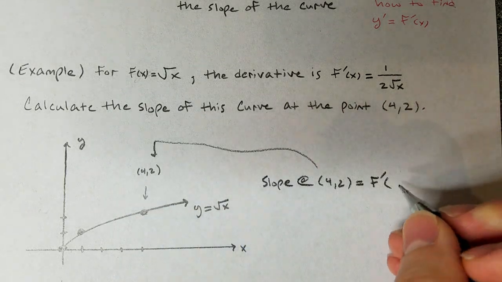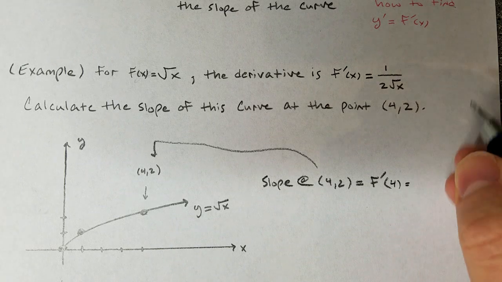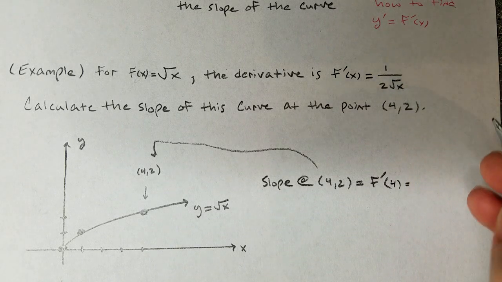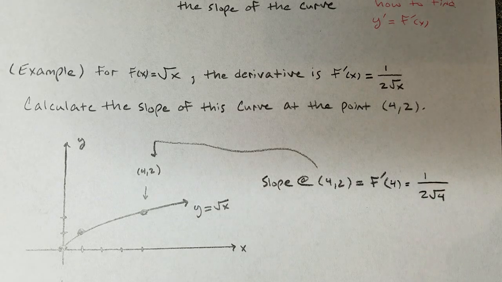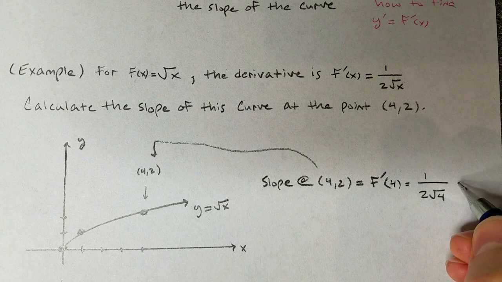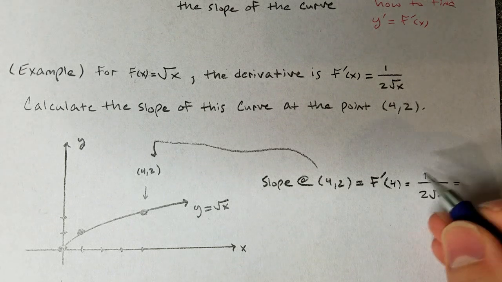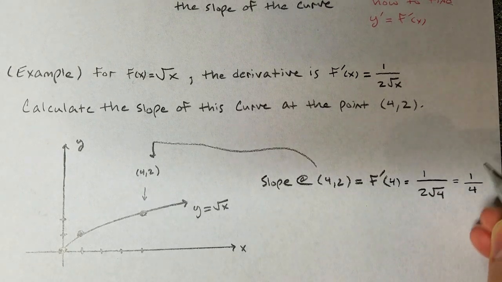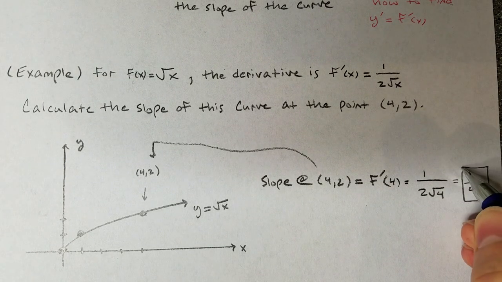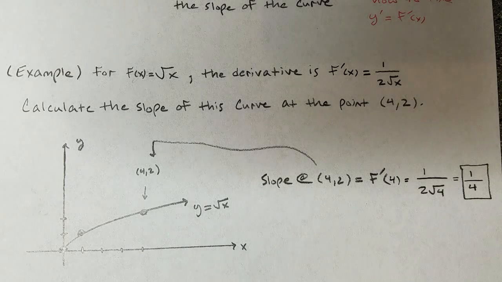So we want f prime at 4. Given that f prime is 1 over 2 root x, that's going to be 1 over 2 root 4. We do our calculations. Root 4 is 2. 2 times 2 is 4. It's 1 over 4.